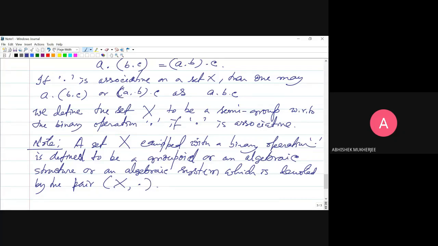Whenever you are considering a set equipped with the binary operation dot, you can call this pair an algebraic system, an algebraic structure or a groupoid.